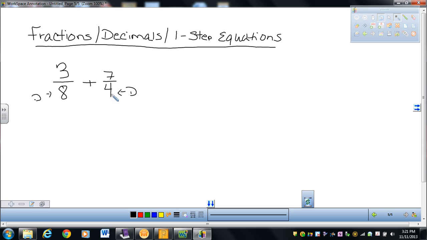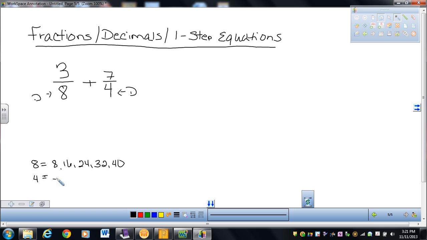So, in order to get the same denominators, we need to find the least common multiple of both the 8 and the 4. An easy way to do this is to just go ahead and list the multiples of each one. The multiples of 8 are 8, 16, 24, 32, 40, and they can go on forever, but we'll stop there.